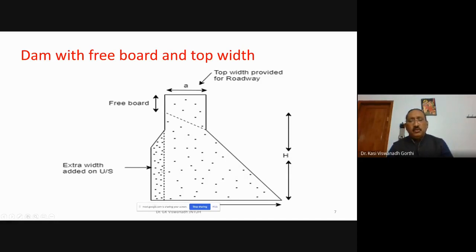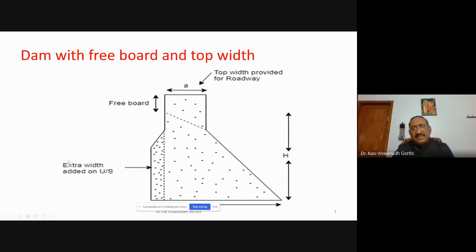So you would like to increase the base width. Once the base width is increased, the weight of material also will be increased. If the weight of the dam is increased, it can resist more pressures. That is the reason there may be cases where the pressures developed on the dam are more and more. Instead of providing a vertical upstream face, you may have an inclined upstream face also to increase the base width. So the extra width is added on the upstream side.